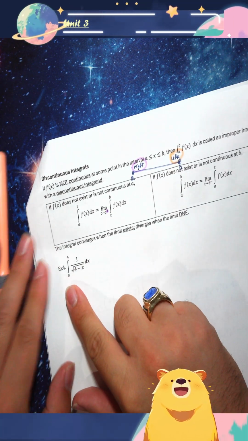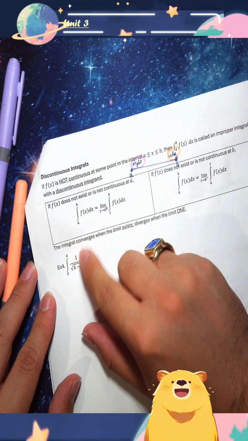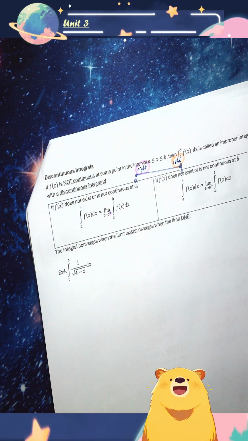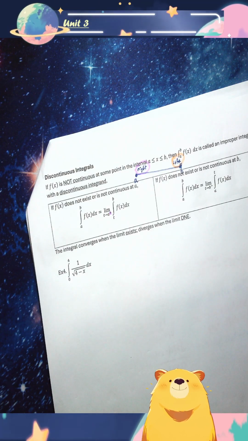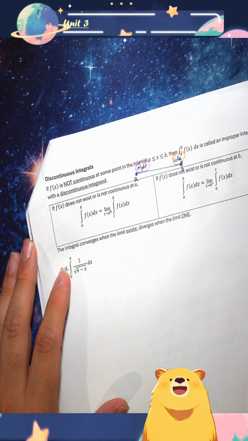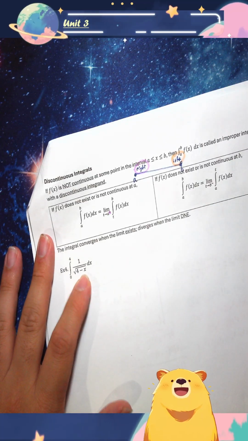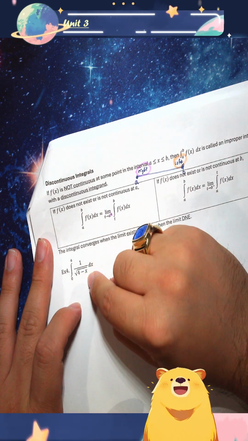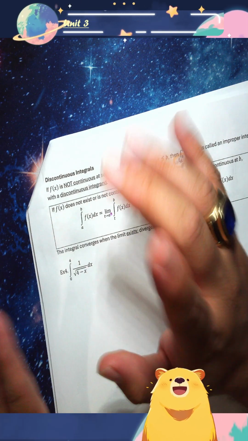Now here we have the integral from 0 to 4 of this function. We're not told anything else, but visually, we should see that one of these bounds does not work, and it's 4. 4 does not work as an entry point here, because 4 minus 4 is 0, and the square root of 0 is 0.